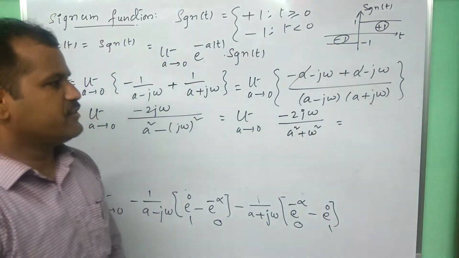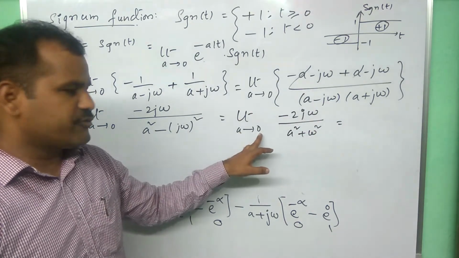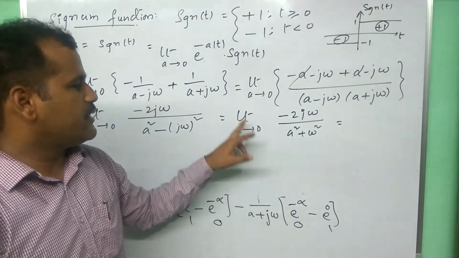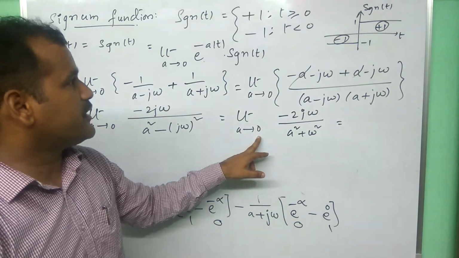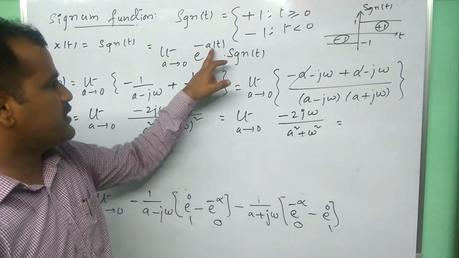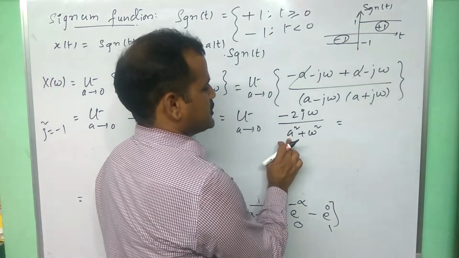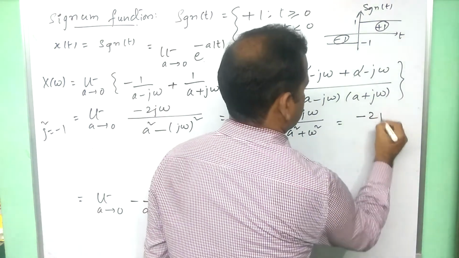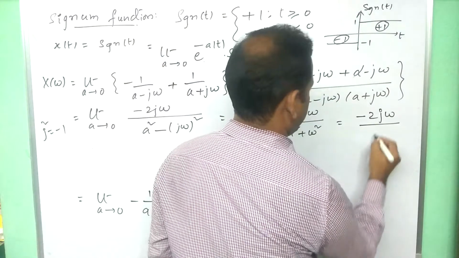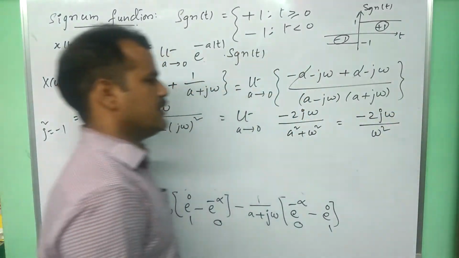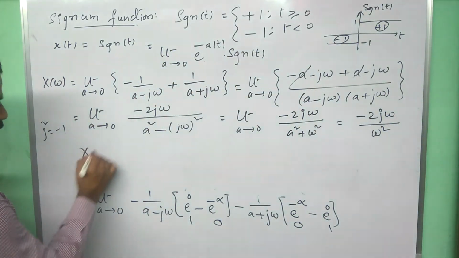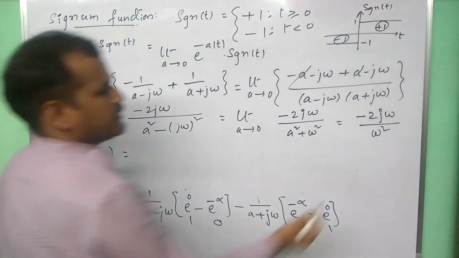Further, we got single term, a value is 0. Finally, the limit value a value 0 we have to take, because in the beginning step we have done that. So when you take a as 0, we are getting minus 2j omega divided by omega square. So X of omega is this one.